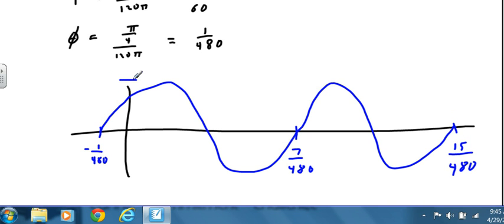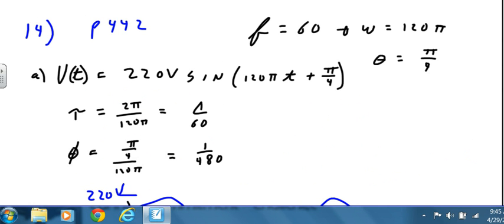Okay, and I'm going to go all the way up to 220, and all the way down to minus 220 volts. Okay, questions about that? No? All right. Just keep your wits about yourself. Don't make anything up. Everything stayed the same, just a word problem, not a real problem.